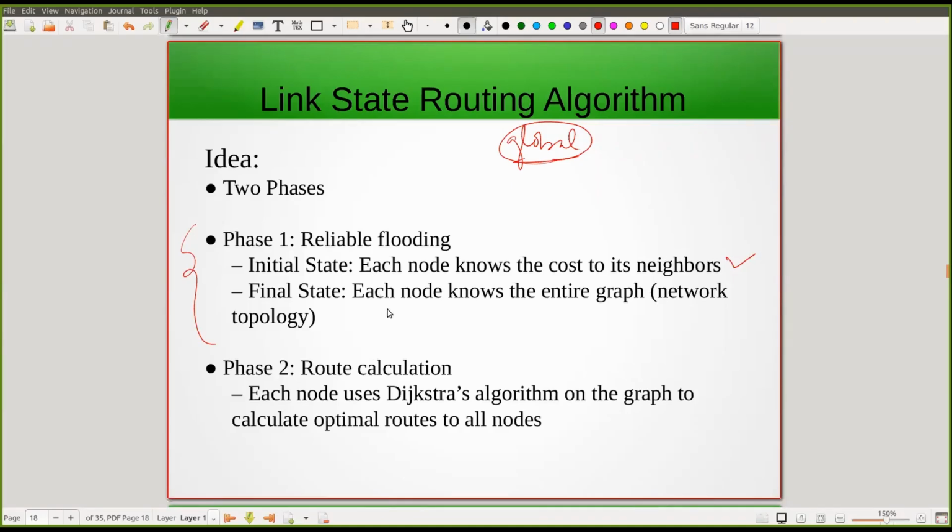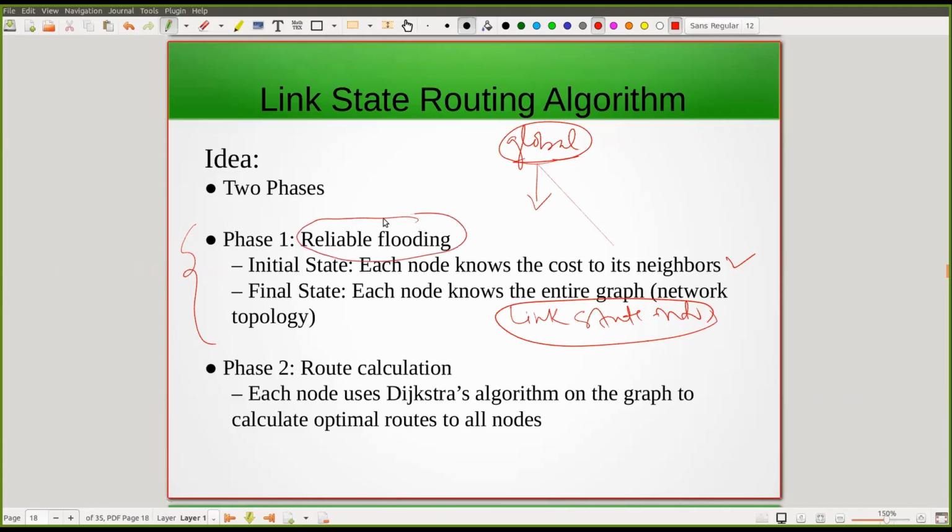Then they exchange the link state information among each other. Every node exchanges the link state information with every other node, to have the global knowledge at its own end. How does this happen? Through flooding, reliable flooding.